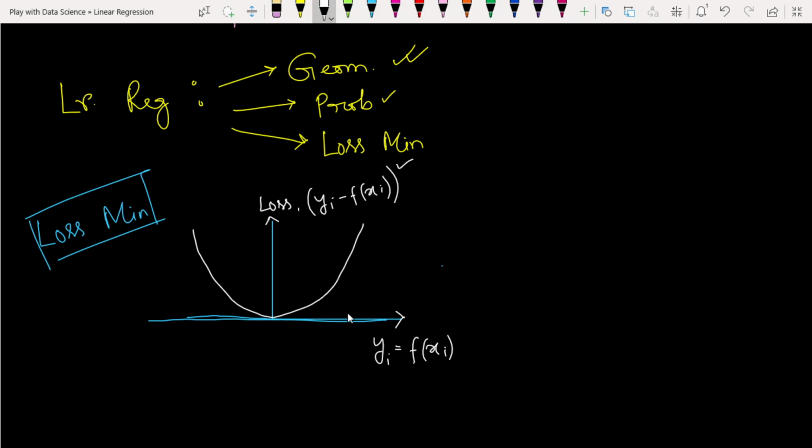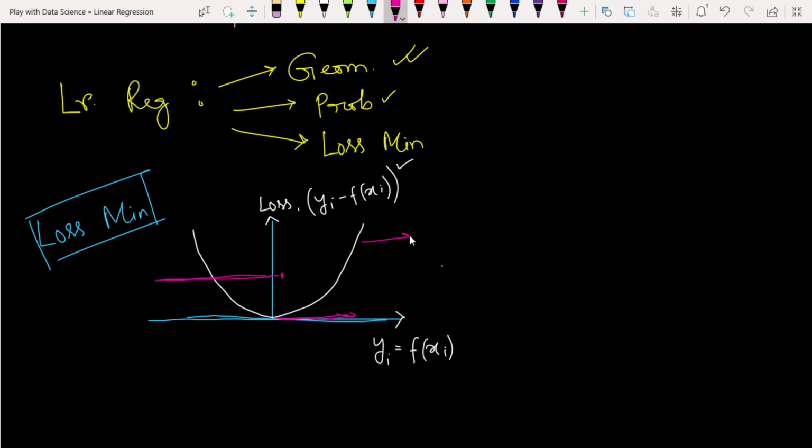We saw the 0-1 loss for binary classification, but here we are using the square loss, meaning this kind of formula.